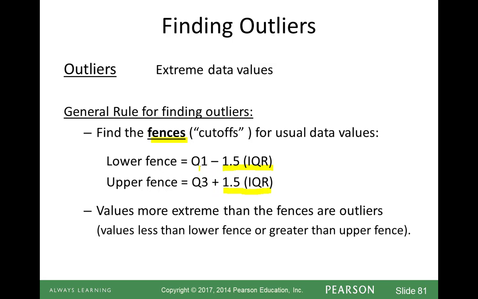So for the lower fence, we take quartile 1 and subtract 1.5 times the IQR. For the upper fence, we take 1.5 times the IQR and add that to quartile 3. When values are beyond these, they are officially outliers. If they don't meet that criterion, they're just extreme data values. They're not technically outliers.